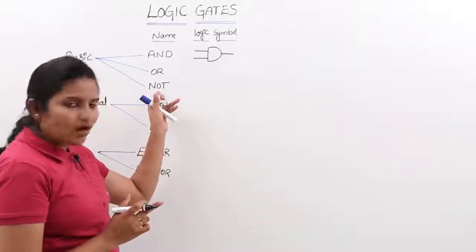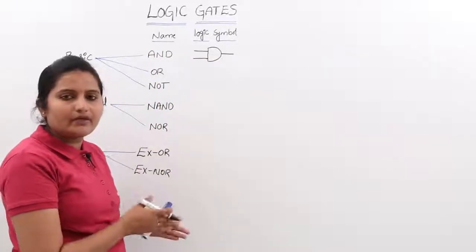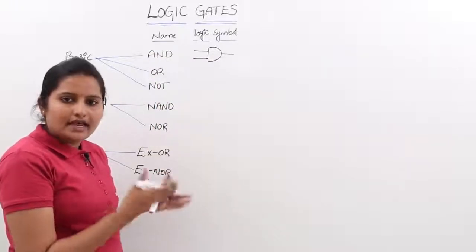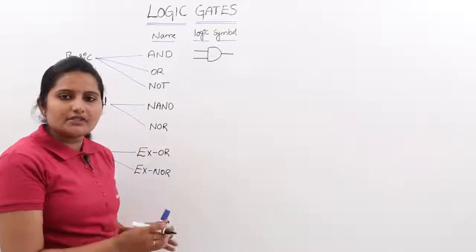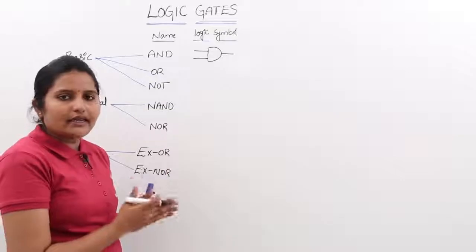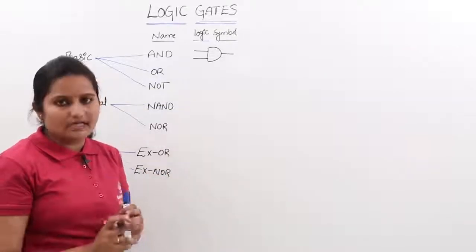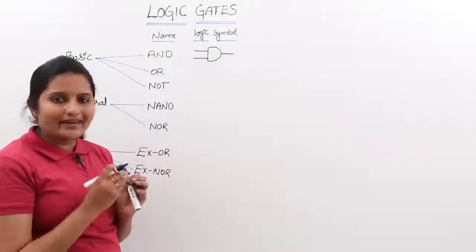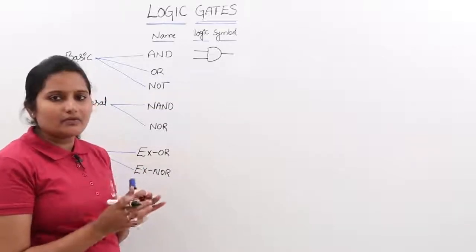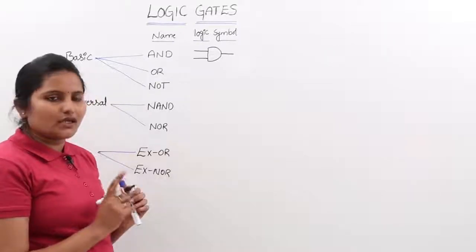Except the NOT gate, all other gates can have n number of inputs or excitations. We can say inputs are excitations and the output is the response. So all gates can have n number of excitations and only one response. For any logic gate the response is always 1 in number.